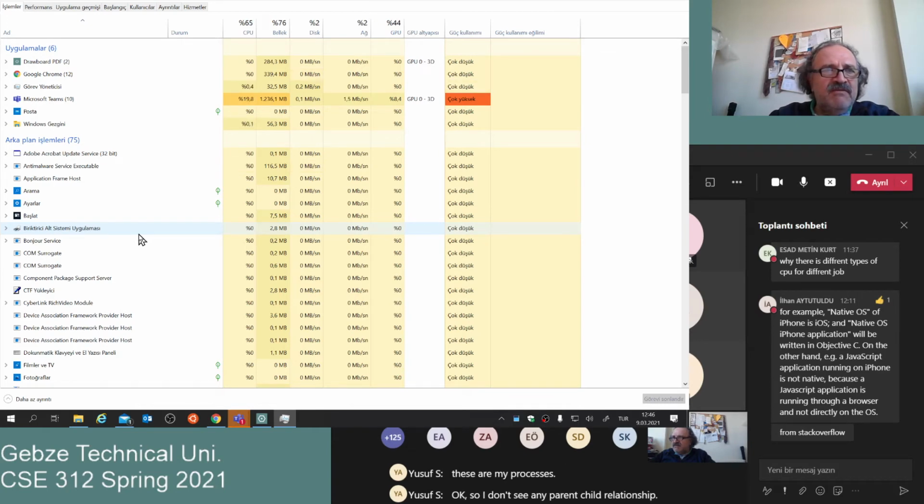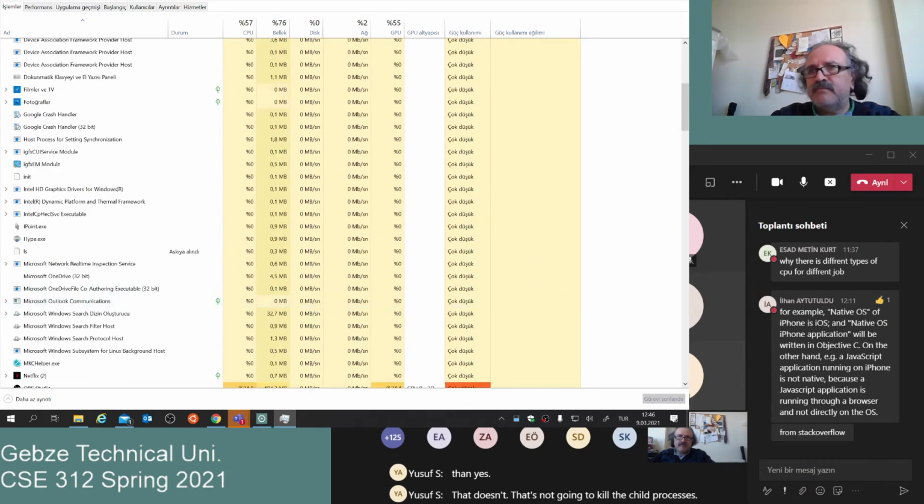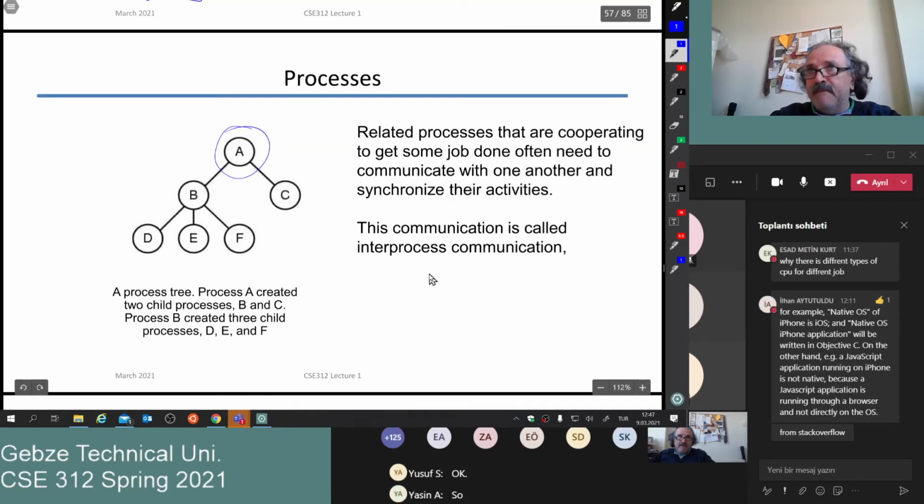And if I kill one of them, I don't think that I have permission to kill the main process here. I have to switch to administrator mode, I guess. That's not going to kill the child processes. Okay, close it.